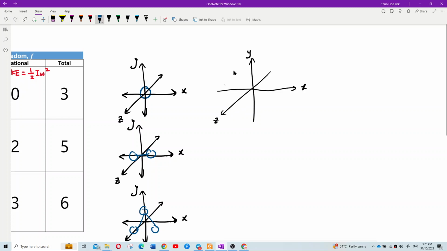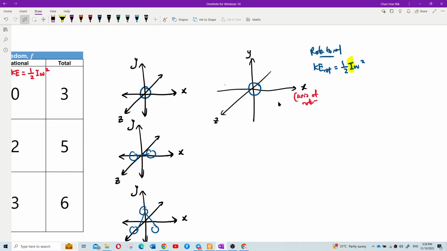Okay, for monoatomic, class, for rotational motion, the kinetic energy is half I omega square, so it depends on the moment of inertia I. Now for rotational motion, the x, y, z, all of them are axes of rotation, isn't it, class?